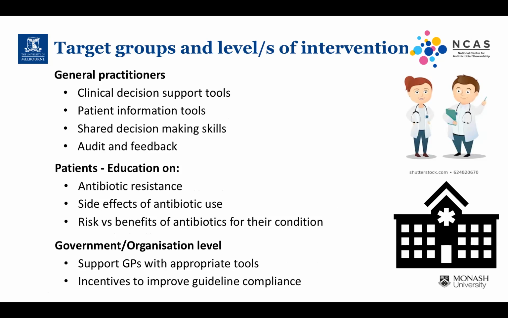I know you've had them every time you get bronchitis, but you don't need them this time. How can they convince the patient? They need shared decision-making skills: talking with the patient, getting the patient to work out what their priorities are and accommodating those, along with what the GP thinks is necessary. So there's a lot of training needed in attaining those skills.